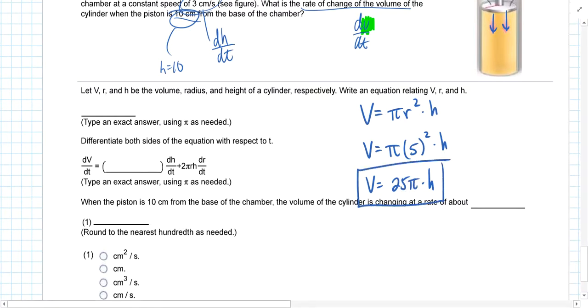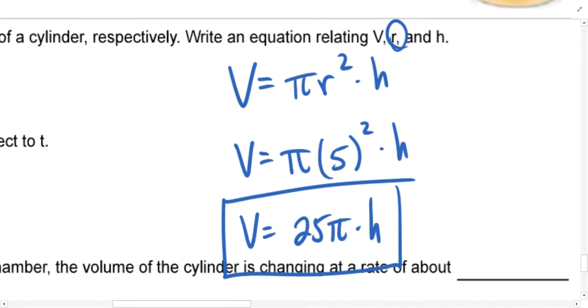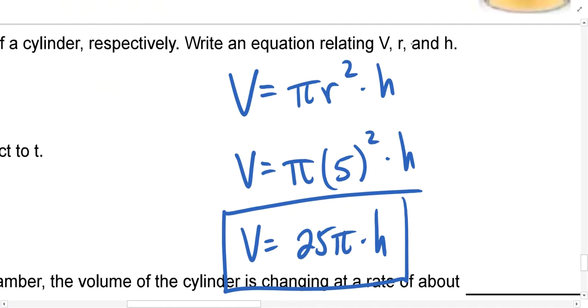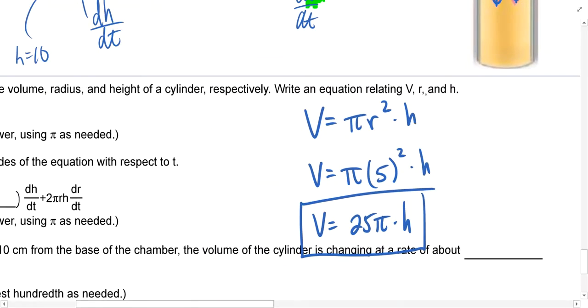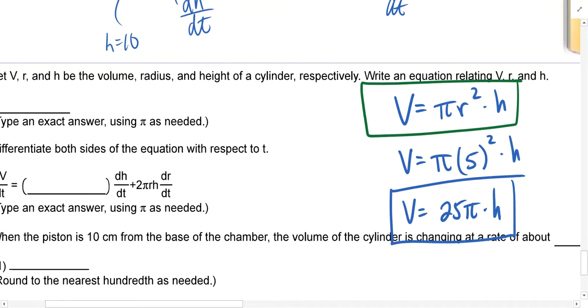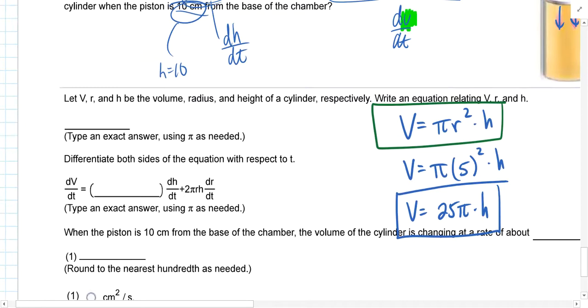So if I were answering this question on paper, I wouldn't even consider r. However, for Math Excel, it does look like they're going to ask that of you. So the volume formula you can use, of course, is this one. And when you differentiate it in terms of t for time, well, it looks like there's going to be a bit of a chain rule.